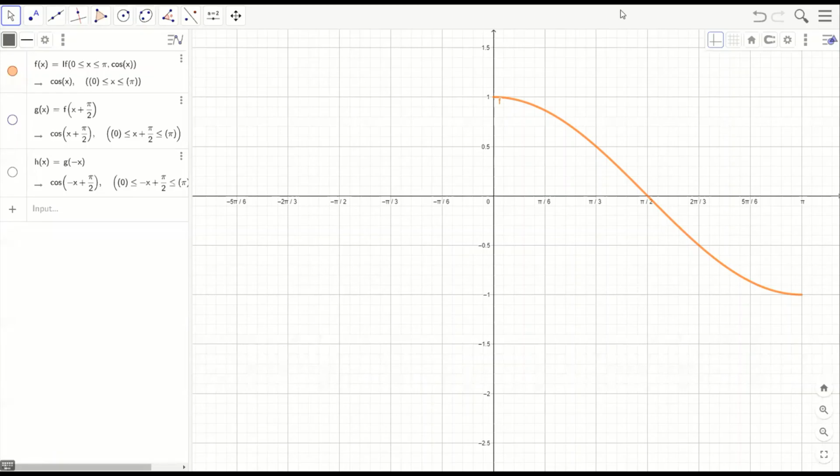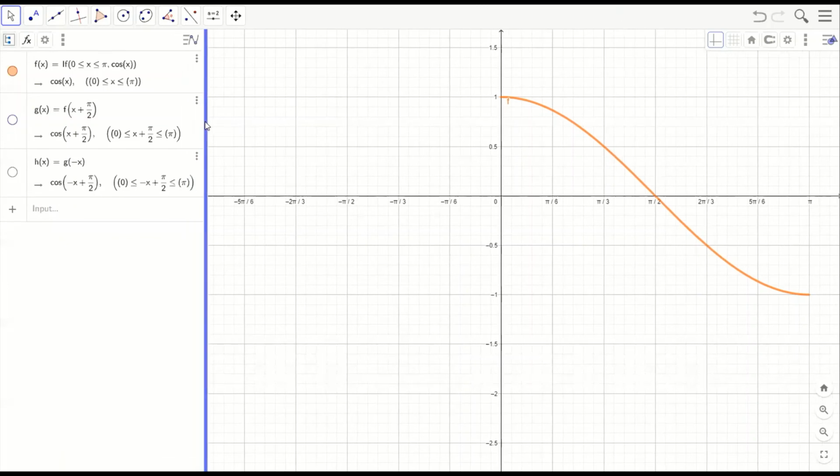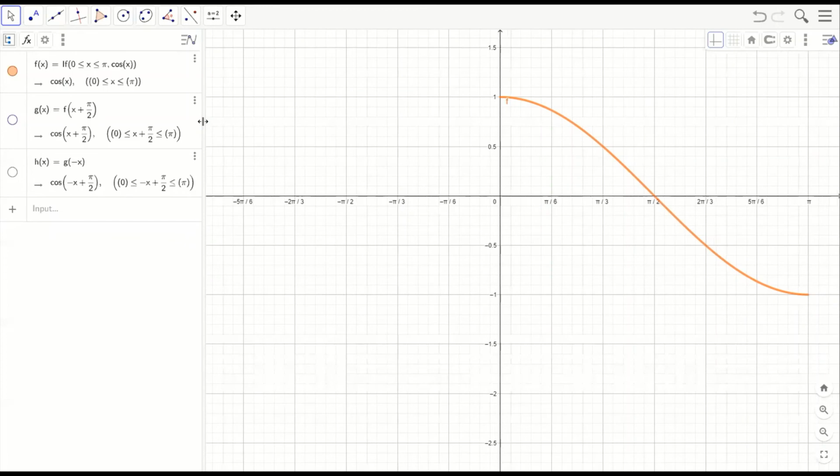All right, before I go on to the final example, because it's so important, I just want to show this transformation, or this combination of transformations, to get from the cos x function defined between 0 and pi, as you can see on your screen, to the sine x. Now, this function f is just representative of cos x.